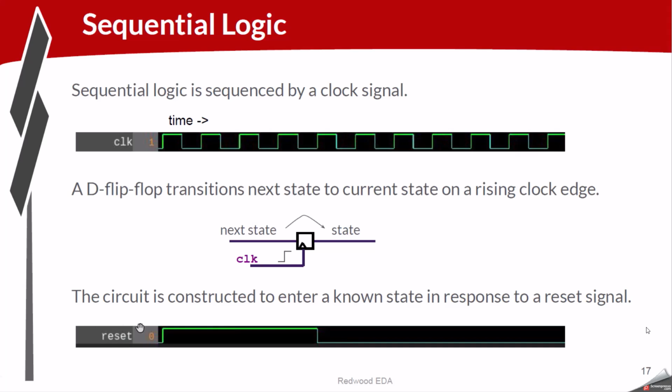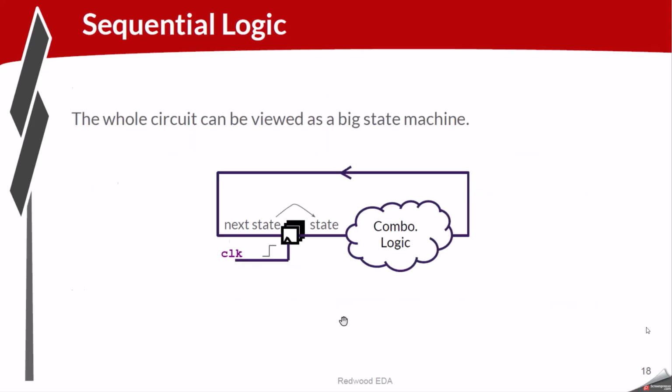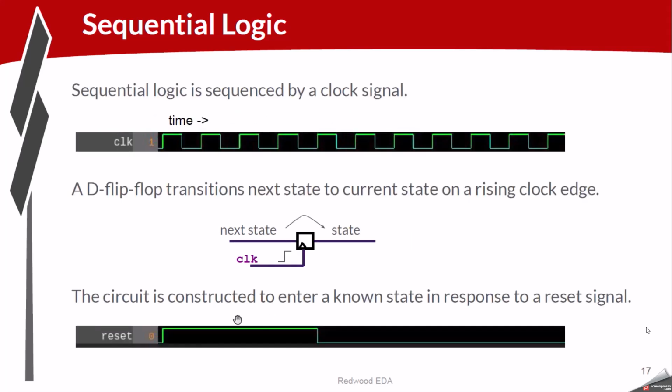So the reset signal is asserted for generally a long time, and it is used to get all of your flip-flops and all of your logic into a known state. Many of the flip-flops, if not all of the flip-flops in your circuit, will also have a reset input. And on reset, the state will go to either a 1 or a 0. And then after reset, your circuit is allowed to continue on and do its thing.